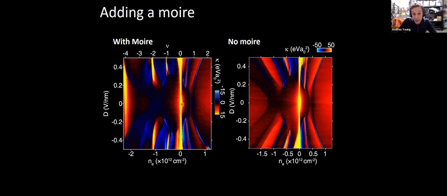In particular, at low displacement fields, there's very little difference save for the appearance of a gap state at 4 holes per superlattice unit cell in the moire sample. But there are some other key features, which are in particular that there now appear also gaps at 1 and 2 holes per unit cell.